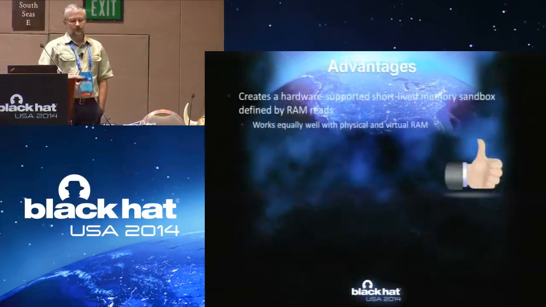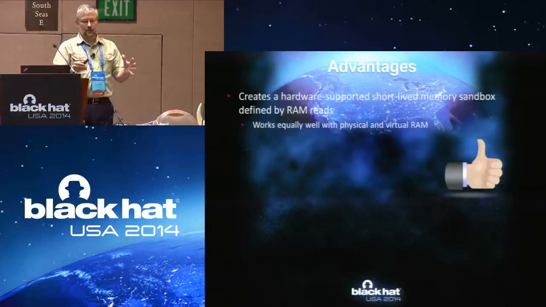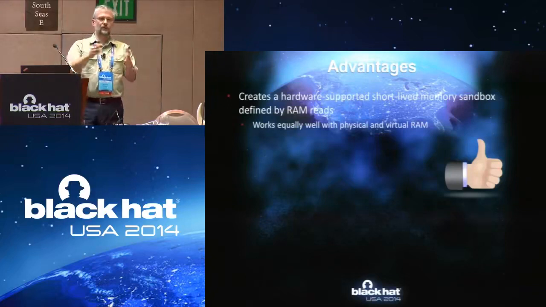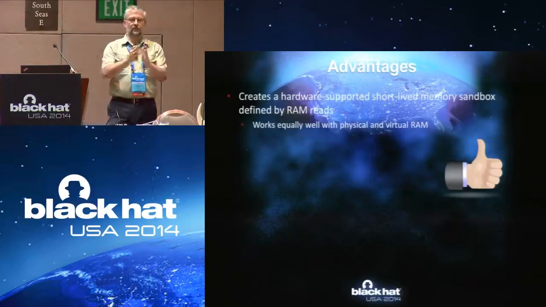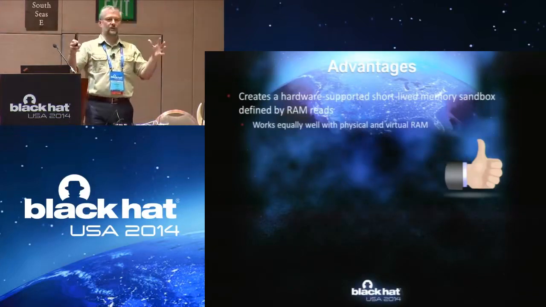The advantages of this technology is that essentially it creates a very short-lived, hardware-supported sandbox, and you define the shape and size of that sandbox. Your security thread, when it starts reading from memory, it can actually create a sparse pattern or contiguous block of memory, and by keeping reading from it, it'll define what is protected.